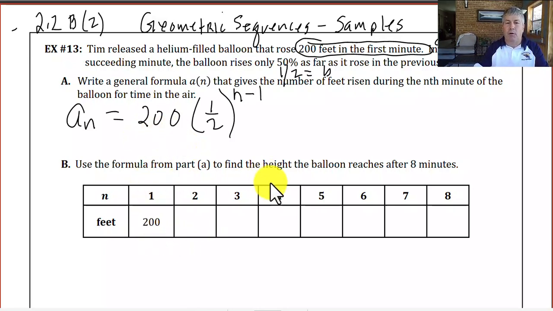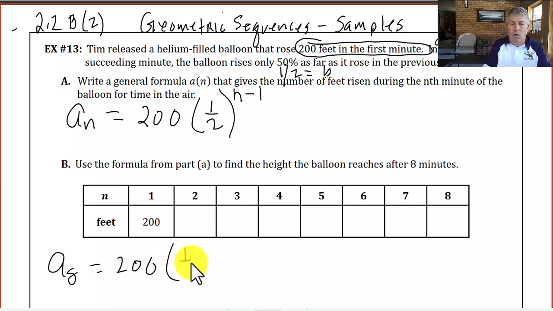So then use the formula to find the height the balloon reaches after 8 minutes. So A sub 8 would equal 200 times 1/2 raised to the 8 minus 1. 200 times 1/2 raised to the 7th power.